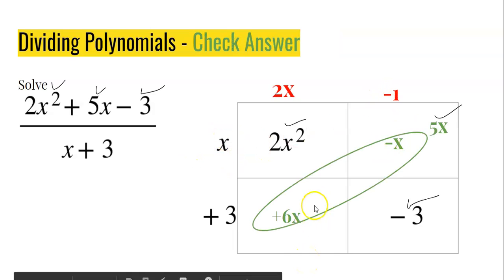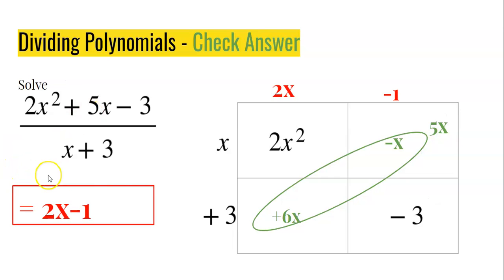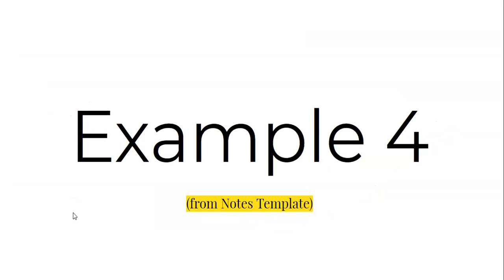If you combine your like terms, 6x minus x gives you 5x. 2x squared plus 5x minus 3 matches our end result. Therefore, we are correct. Therefore, we know our answer is the binomial we found, 2x minus 1. So this end result divided by the binomial x plus 3 gives us the binomial 2x minus 1.